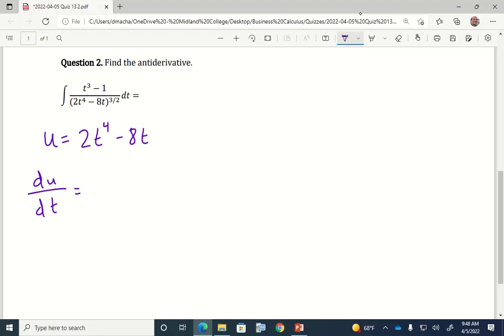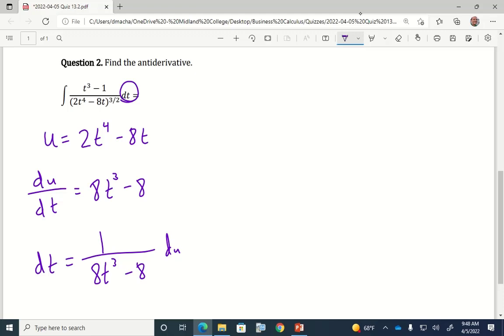What's that derivative? 8t to the 3 minus 8. Okay. So I need to rearrange and solve for dt so I can replace that dt. So I multiply both sides by dt, and I'm going to divide both sides by 8t cubed minus 8. And so I have that formula.